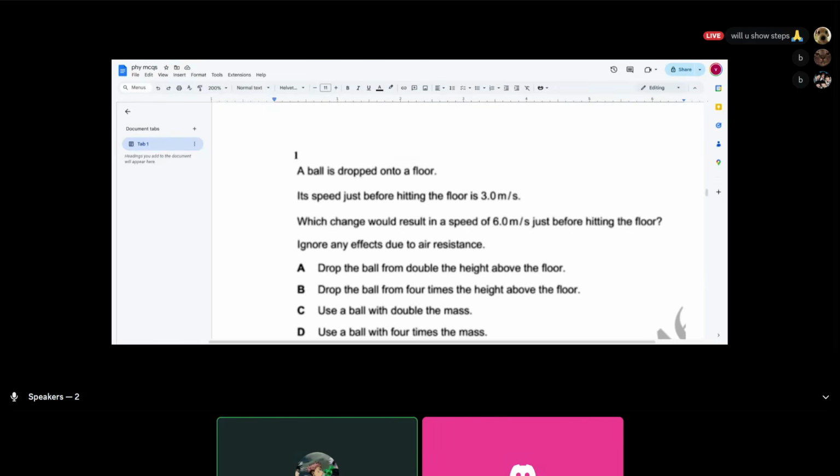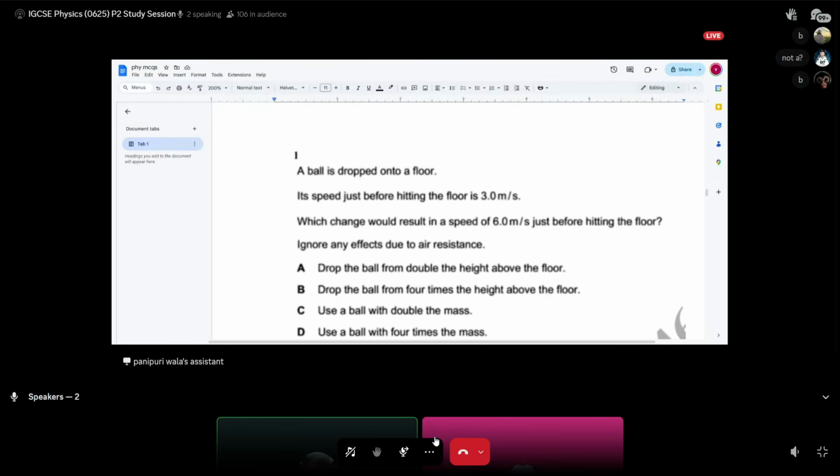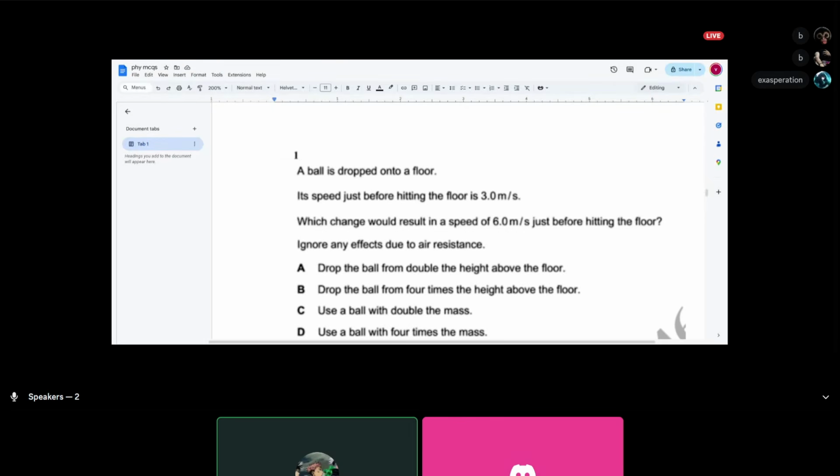All right, I'll show the steps if you want. Yes, I know it's B, but there are people who don't understand this. It's not A. Look, if I have this formula, v equals root 2gh, I have to find the height. Now I know it's 2v, right? Meaning I can multiply the whole equation by 2. So something like this.